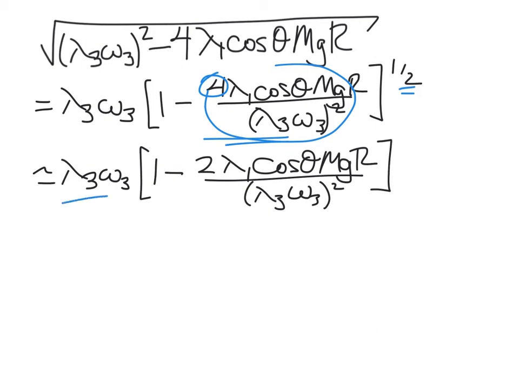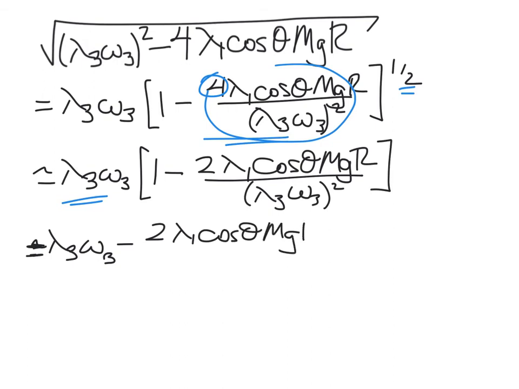We can multiply the lambda 3 omega 3 through, and we get an expression that looks like this. So this is equal to lambda 3 omega 3, excuse me, 3 minus 2 lambda 1 cos theta mgr over lambda 3 omega 3.